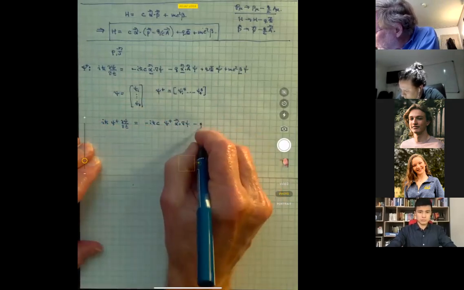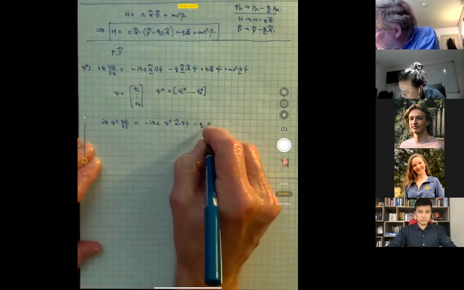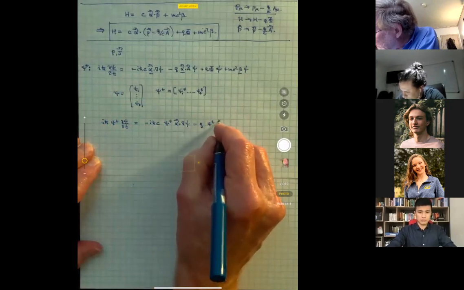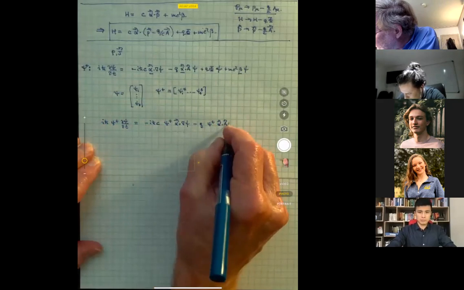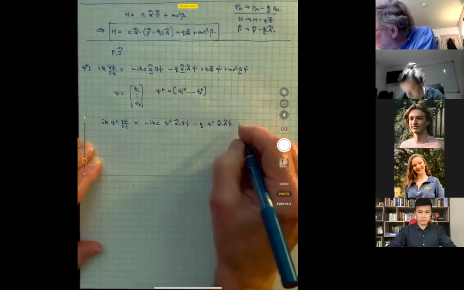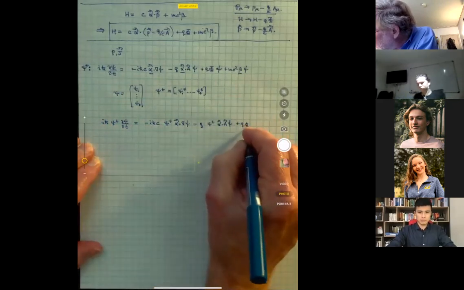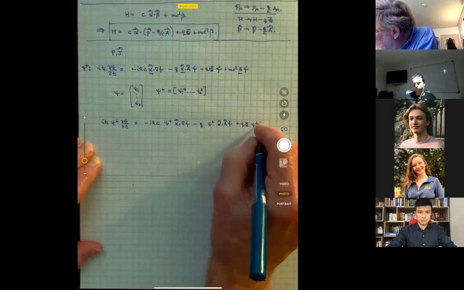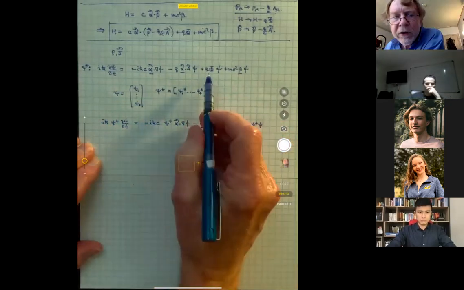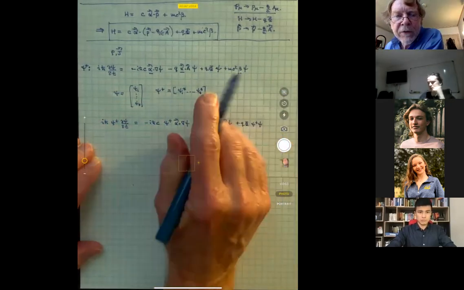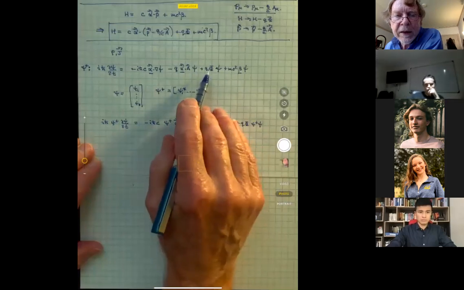Then we get minus q, and then we get ψ†ψ sandwiched around α dotted into A, the vector potential. And then the next term is plus qφ times ψ†ψ. Notice that φ is a scalar potential, so it's just a function of position, and it doesn't have any spin indices.